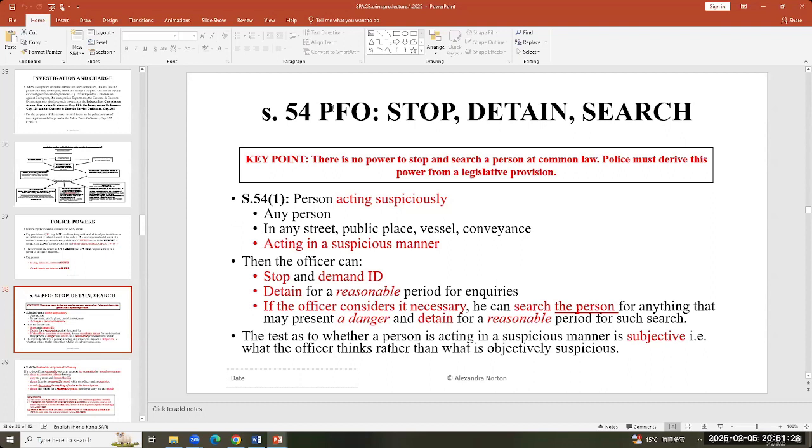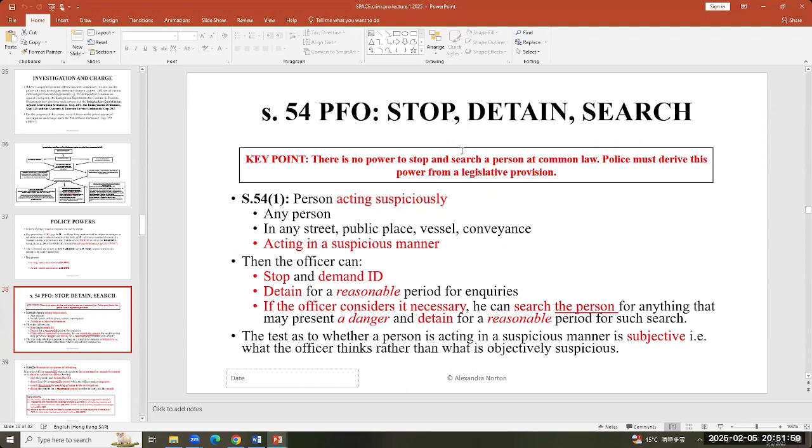So it's a power to stop, detain, and search. In subsection 1, it's a person who's acting in a suspicious manner. How do we determine whether that person is acting in a suspicious manner? It's essentially a subjective test. It's whether the officer himself thinks that this person is acting in a suspicious manner. But we'll see in a minute how the case law has qualified that subjective test.